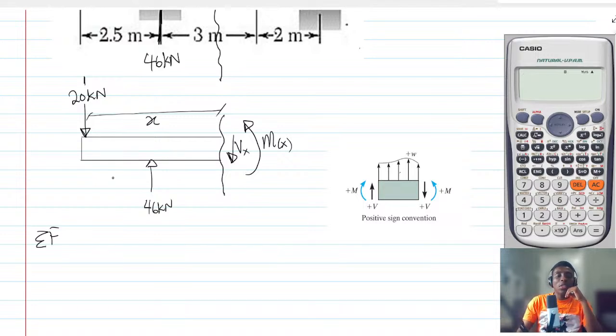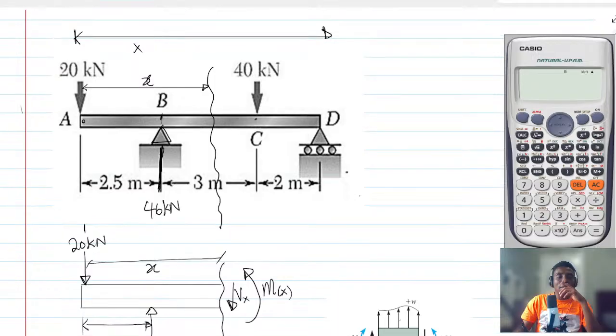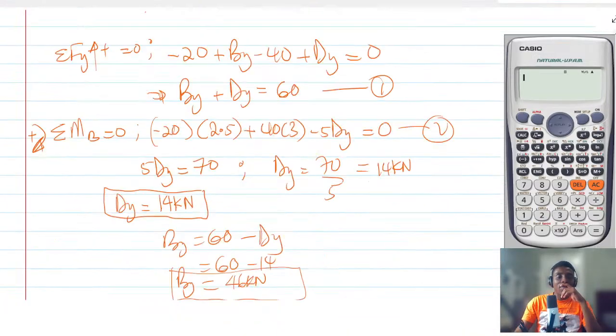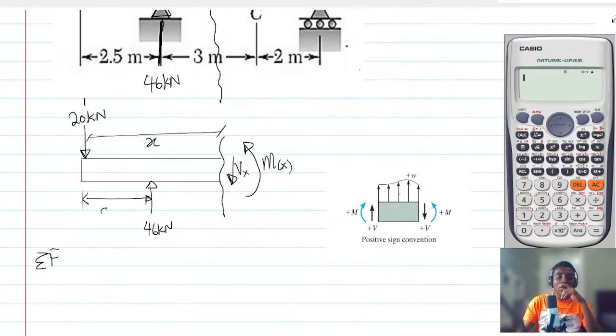But you see from the diagram, the distance from 0 to 46 is actually 2.5 meters.